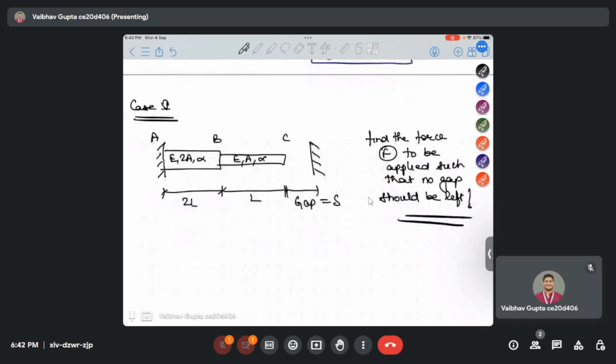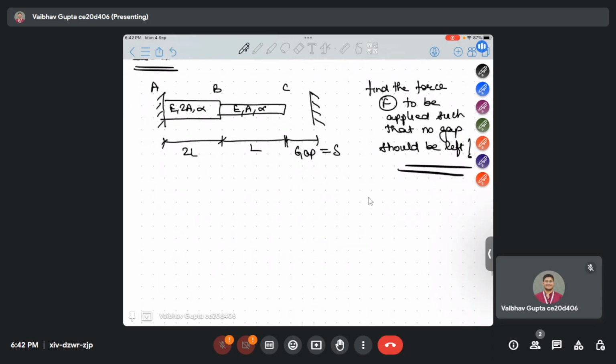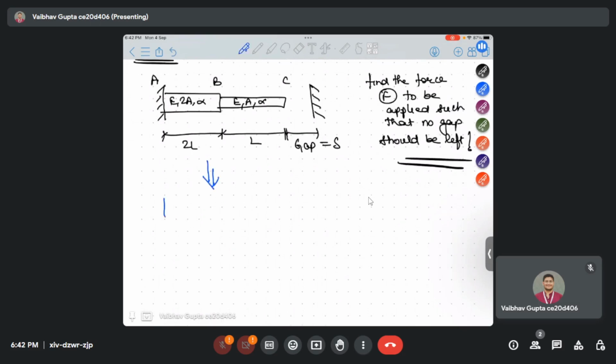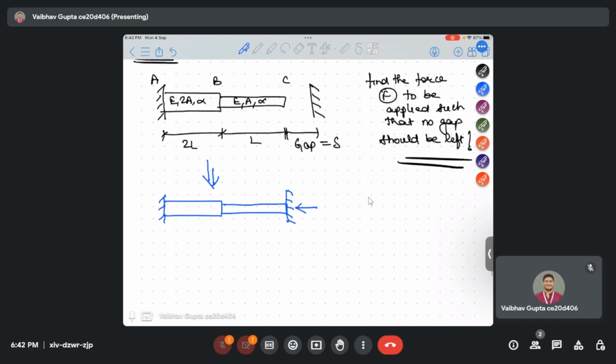So again what we'll do, just like we did in the last case, we just fill the gap here. When we are filling the gap, this point will give a compressive force of F because we are pushing ABC to close the gap.